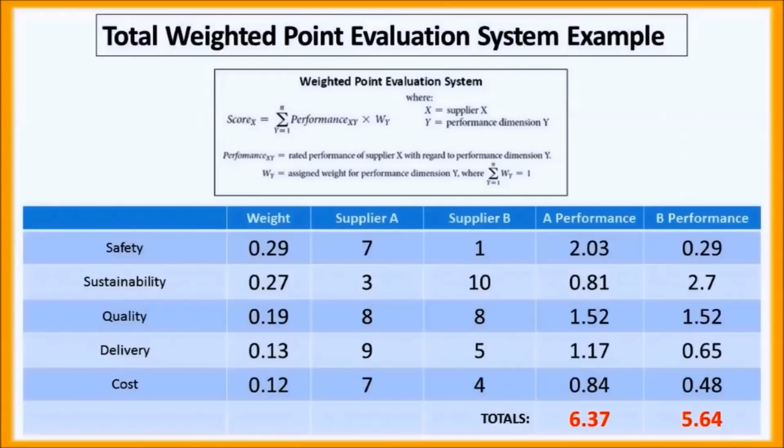Now to calculate the overall performance for supplier A and supplier B, we just add their performance numbers for safety, sustainability, quality, delivery, and cost. So just adding that column of numbers gives us supplier A has a score of 6.37, supplier B has a score of 5.64. That is on a scale of 1 to 10, and in this case, higher is better, so supplier A will be our preferred supplier.